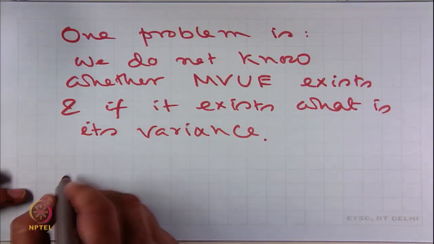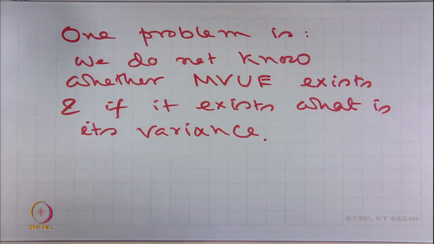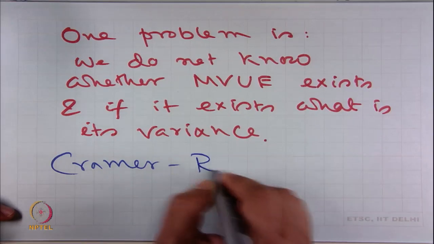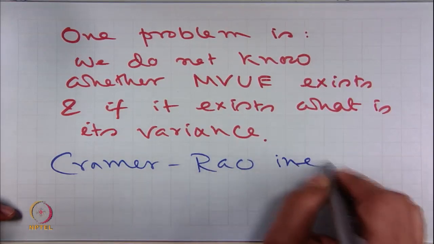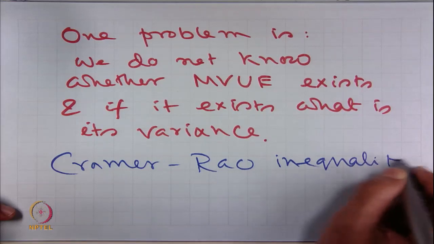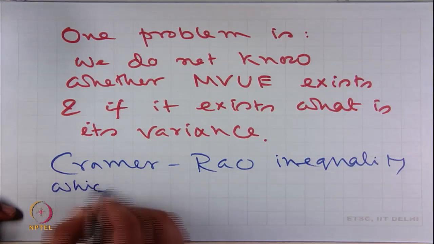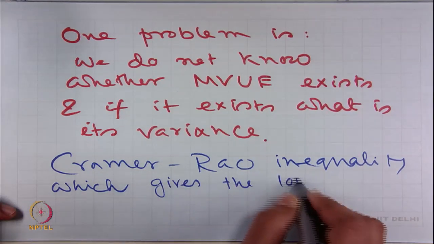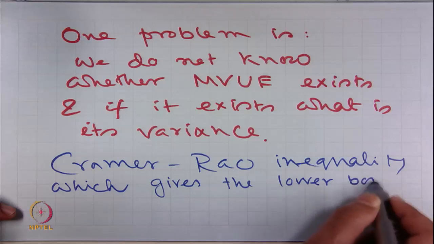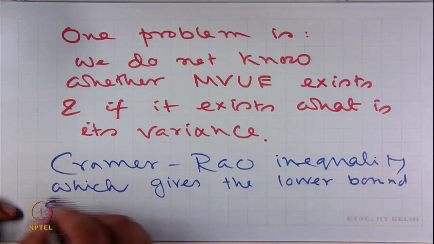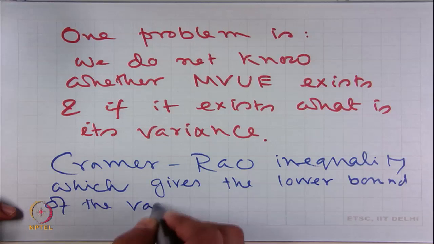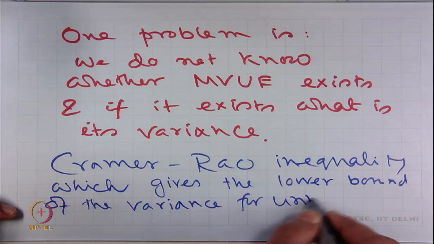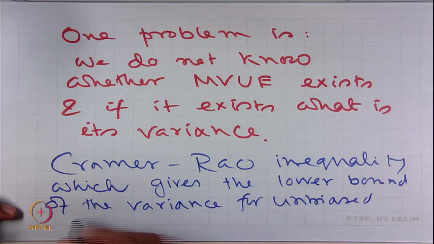To find the answer to this, we have something called Cramer-Rao inequality, which gives the lower bound of the variance for unbiased estimators.